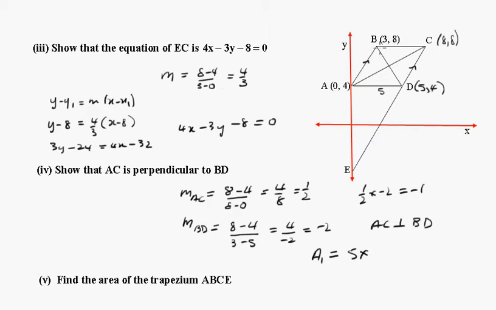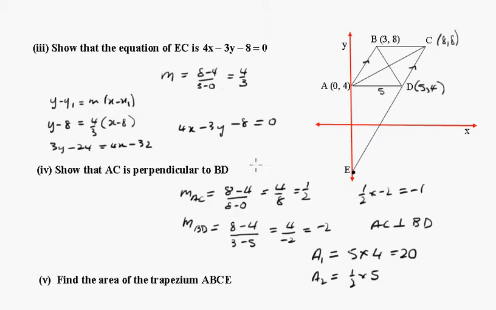Now the height is this difference here, which is just 4, which is 20. Now the area 2 of this one is a half times the base times this height here, and we need to find the coordinates of E.